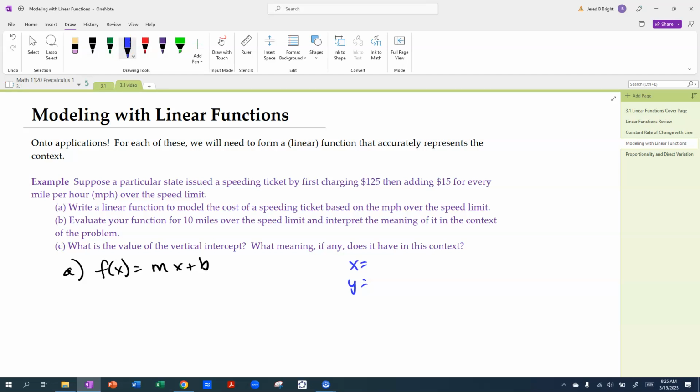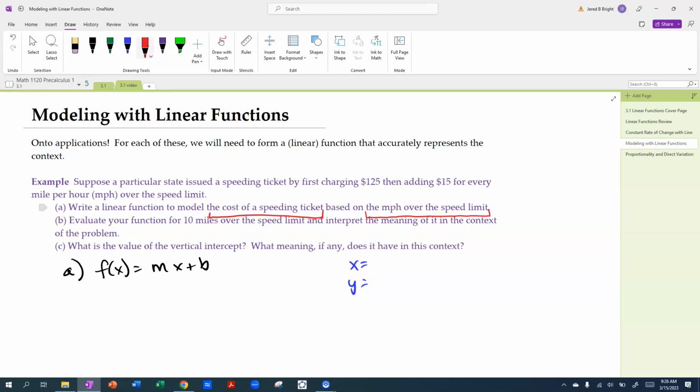Okay, so it says write a linear function to model the cost of a speeding ticket based on the miles per hour over the speed limit. So when I see this language as an expert, to model the cost of a speeding ticket, that's one variable, based on the miles per hour over the speed limit.